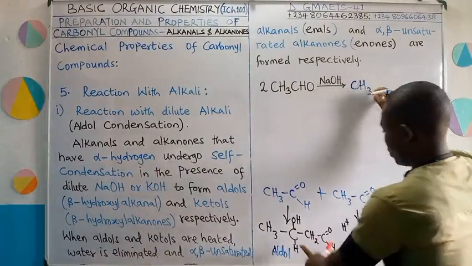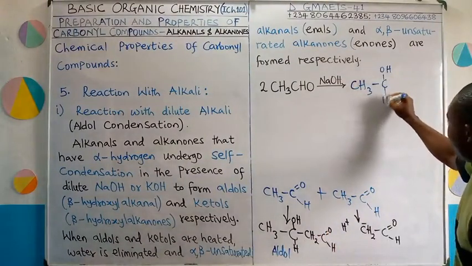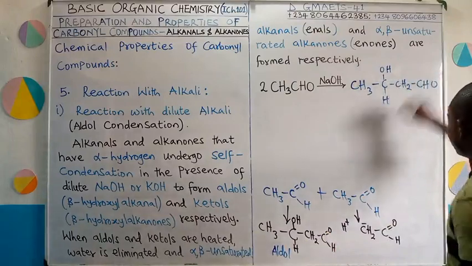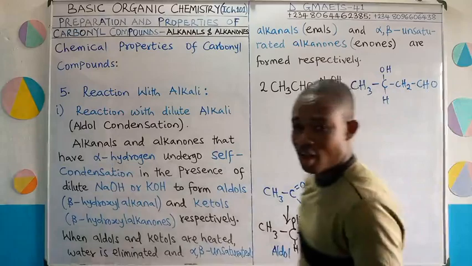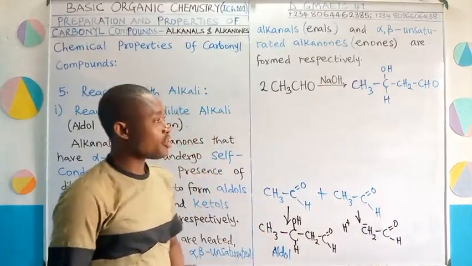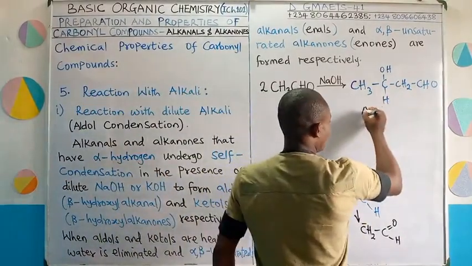CH3, then we have C, OH, we have H here, and CH2, C, HO. Remember, this carbon that is bonded to this oxygen with a double bond and singly bonded to this hydrogen is the same as CHO. This is our aldol.